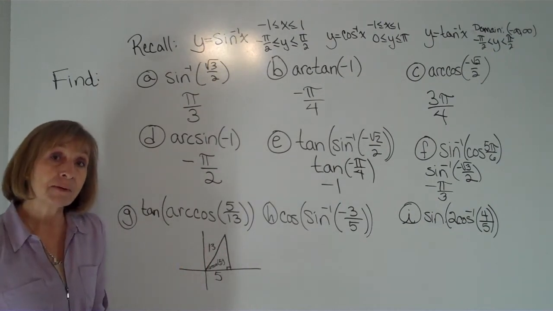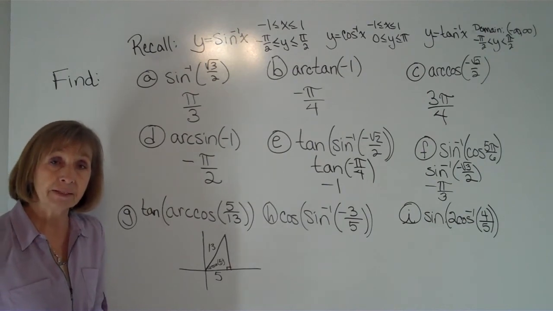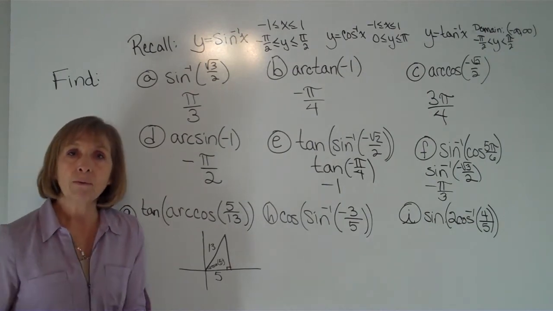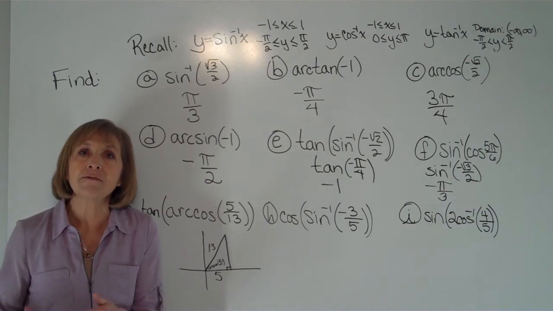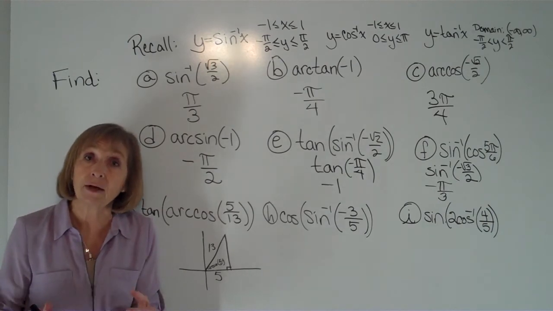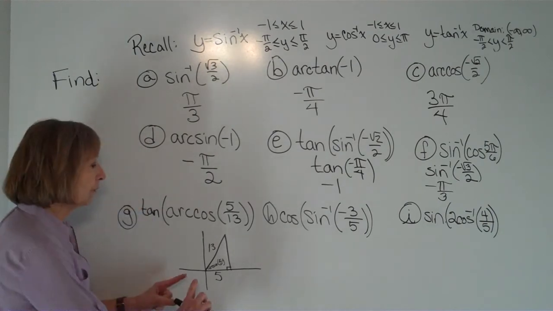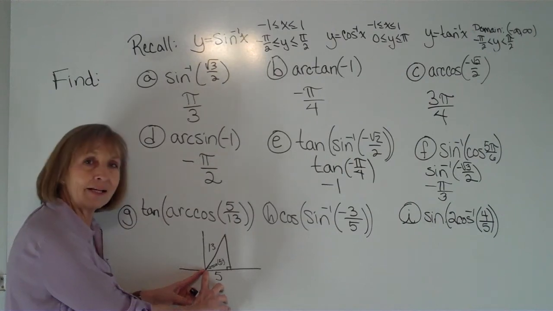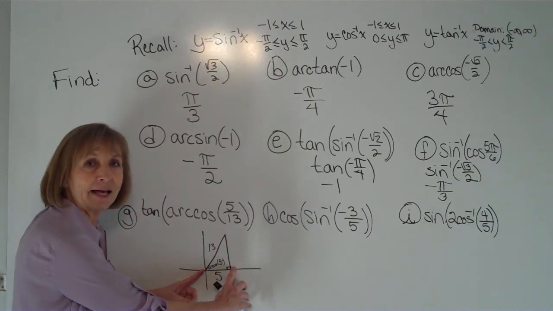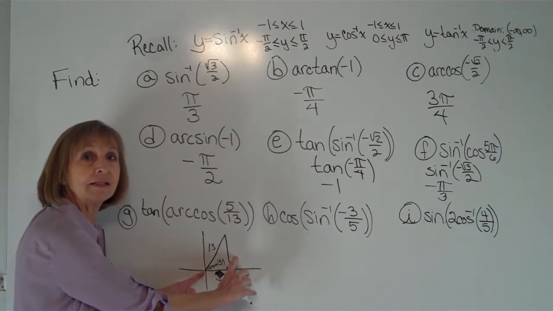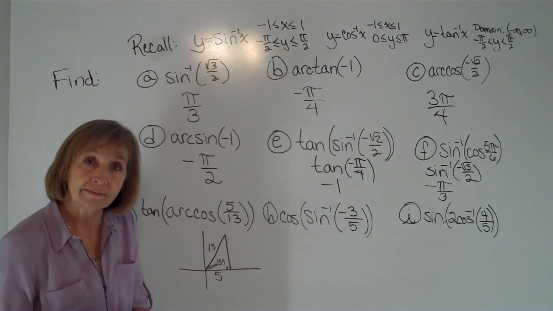And now I can use the Pythagorean Theorem to find the missing side of the triangle, and always be very cognizant of where your triangle is drawn, so that when your x-coordinate is right, it's positive, and when your y-coordinate is up, it's also positive.